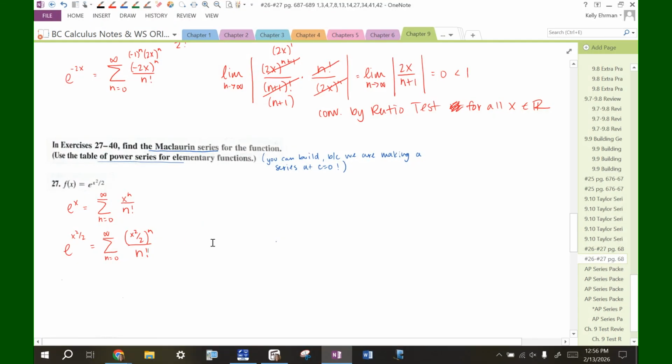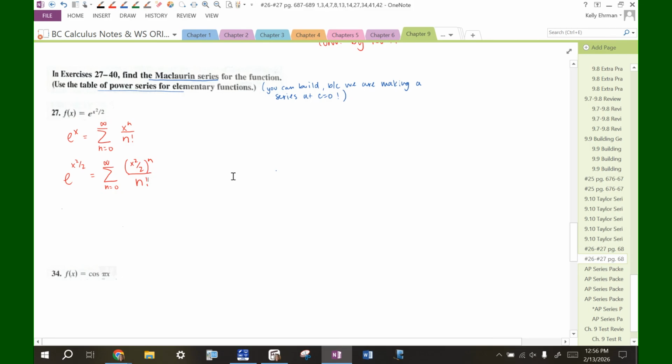Now, if I'm looking for this answer in multiple choice, they're not going to leave it ugly like this. So just remember about exponent rules here. Keep my summation notation in there. Raising to the n power makes this part x to the 2n over 2 to the n, and then you're over n factorial. Well, that can get cleaned up. It's x to the 2n over 2 to the n times n factorial.